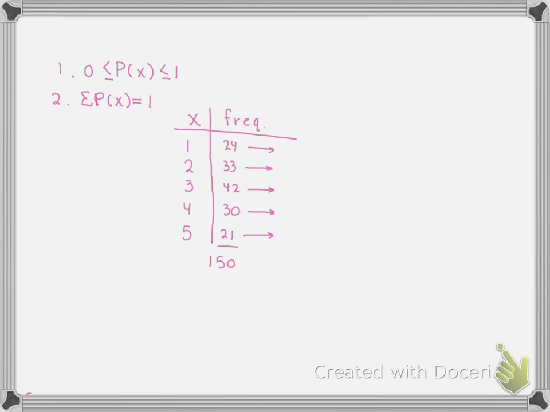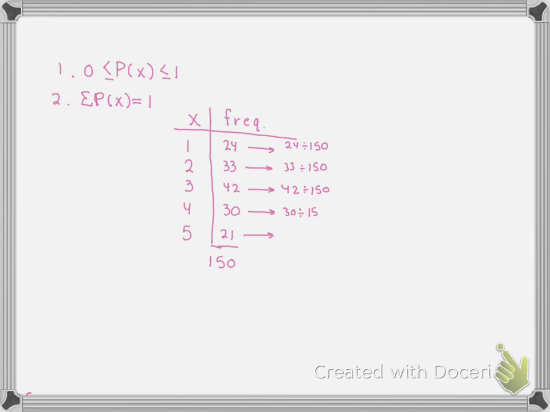Remember, in order to do that, we divide the frequency by the total. So 24 divided by 150, 33 divided by 150, etc. This is what we're going to do all the way down the line.